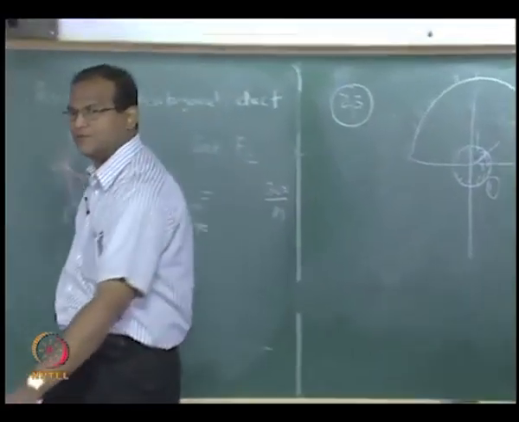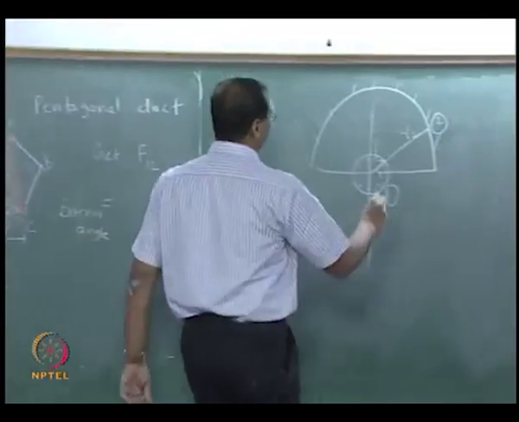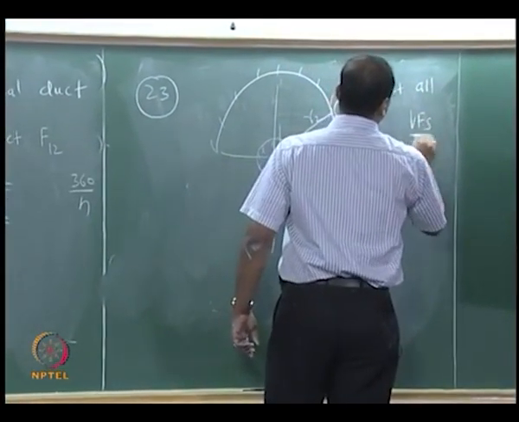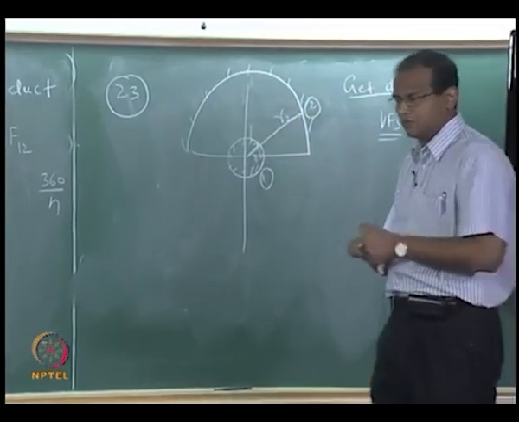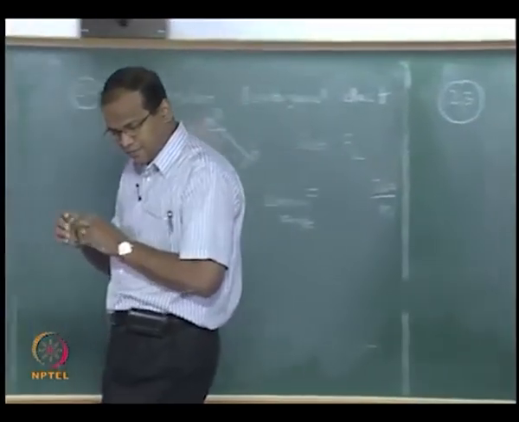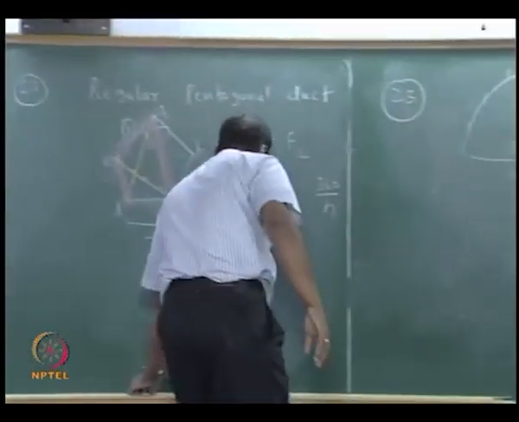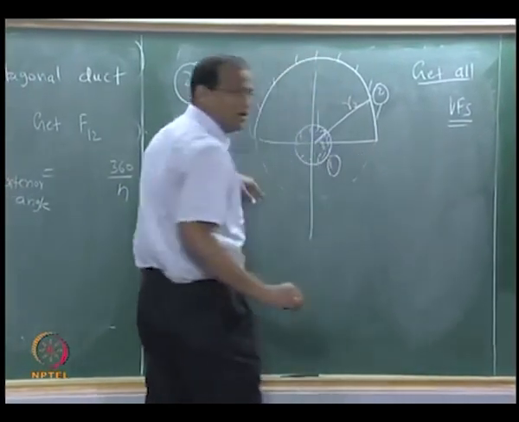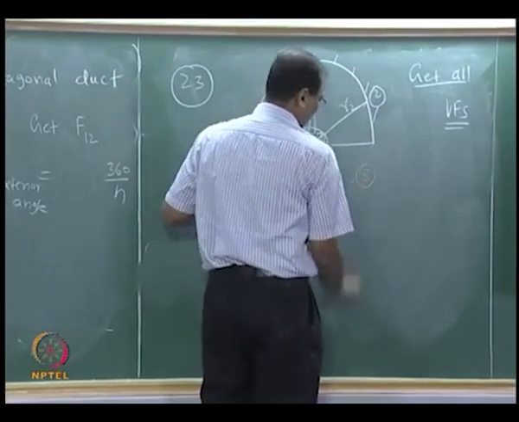So please get all view factors. So what is the first step? Close it, very good. Close the bottom, the dotted line, and you will call it 3.